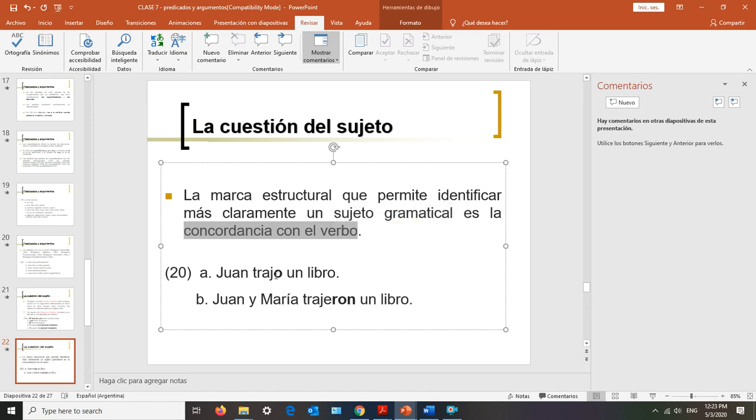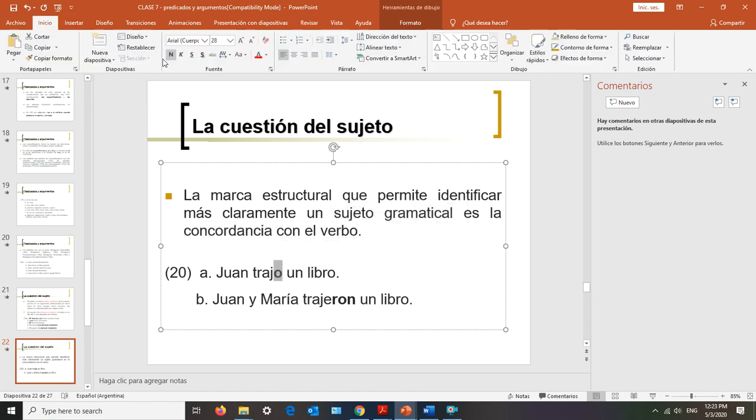So here we have this specific mark, o, in trajo, which enables us to understand that there is agreement between this subject, Juan, and the verb. Now we have ron here as an inflectional morphology that allows us to understand that we're dealing with a coordinated subject. Juan y Maria, a plural subject, therefore the inflectional features in the verb change.